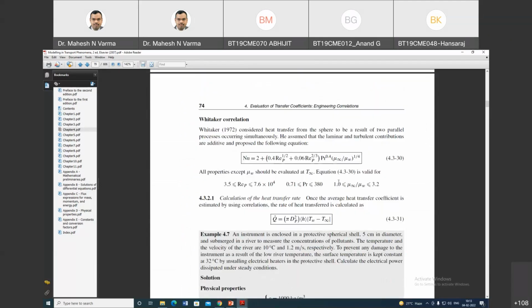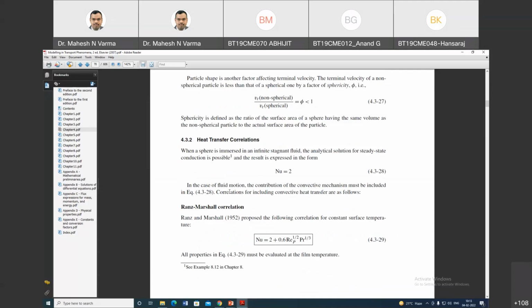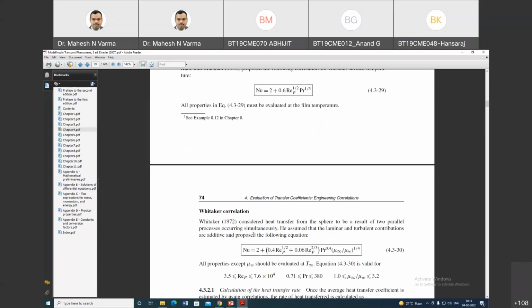So I will show you. You can see this is the Whitaker correlation. For which system is it applied? This is applied for flow over a sphere. This Whitaker correlation, Nusselt number equals 2 plus 0.4, and these are the limitations. This is heat transfer from the sphere when there is a flow over the sphere.